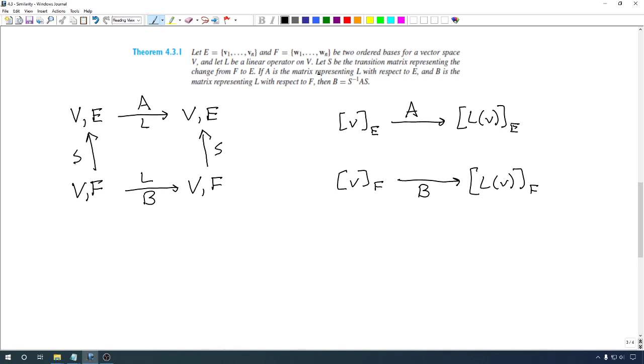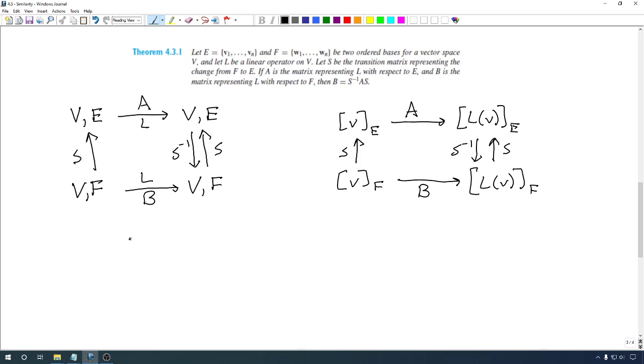Transition matrices are always invertible. We can always go the other way if we need to. So we can do exactly the same thing we did with the U before and go from E to F by multiplying by S inverse. And that's what we get here. We still have our S, doing the exact same kind of thing, and we still have our S inverse that's involved here.